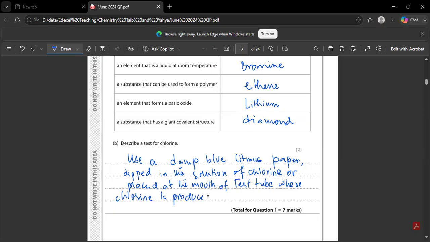It turns blue litmus paper to red, right?